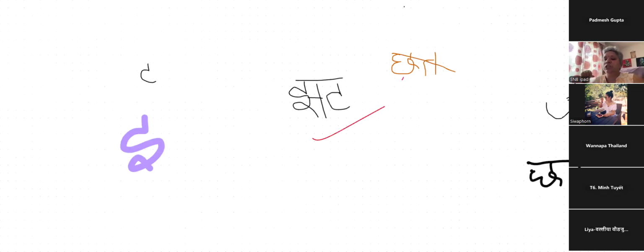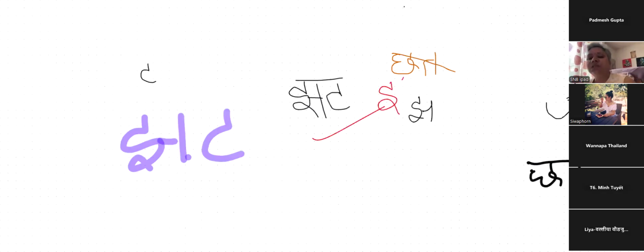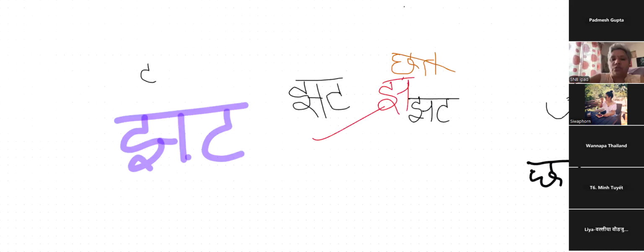Come with me fast. Jhat. Jha se jhanda and ta. Ta se tomato. Very good. Not cha, jha. Very good. Jhat. Is it clear?